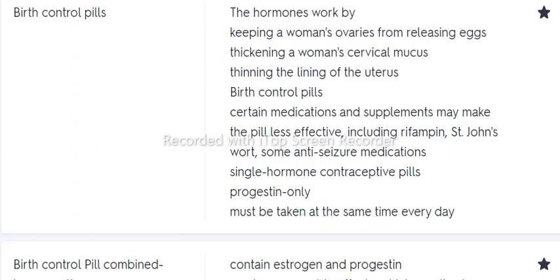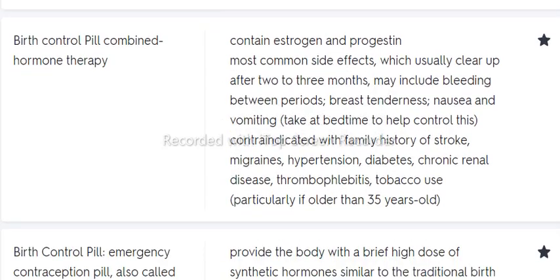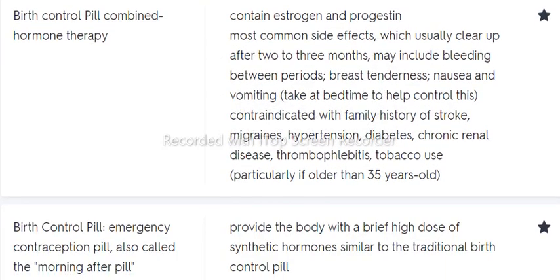Birth control pills. Birth control pill, combined hormone therapy.